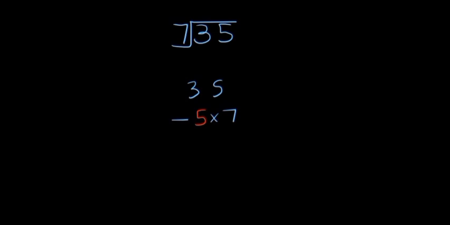So 35 minus 5 times 7 is 0. So the answer here is 5. So this means there are 5 groups of 7 inside 35.